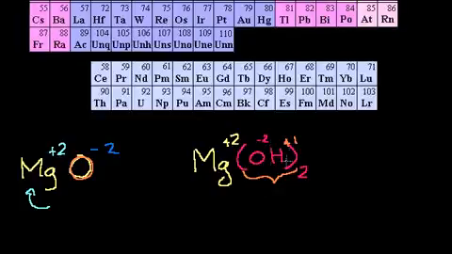So for the entire hydroxide, you have a -1 sum. And then you have 2 of them, so it's -2. And then +2 from the magnesium, and it all adds up to 0.